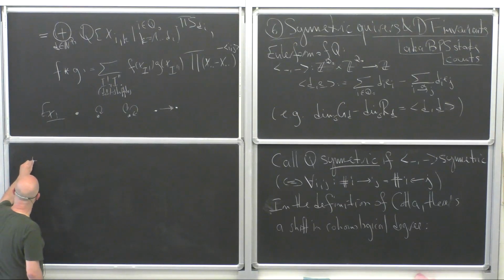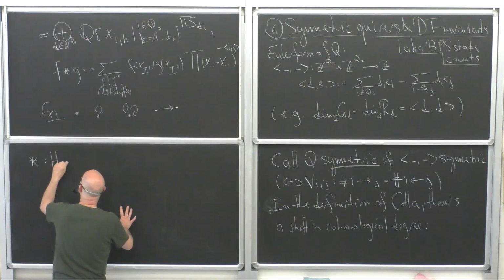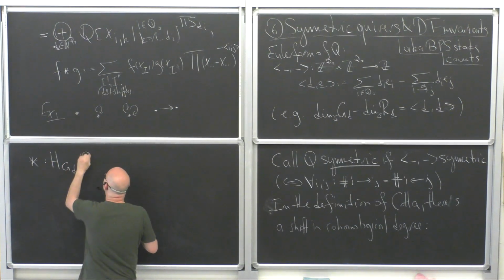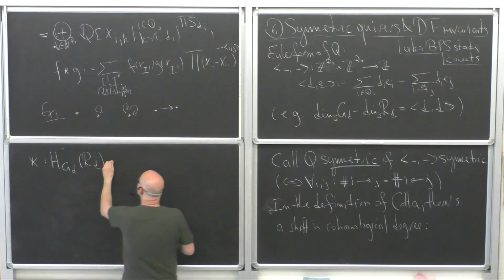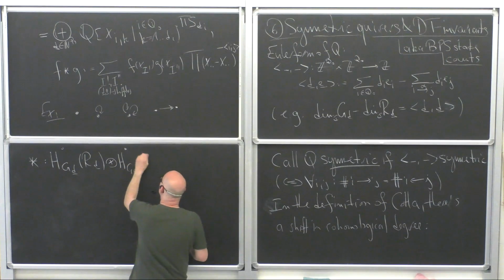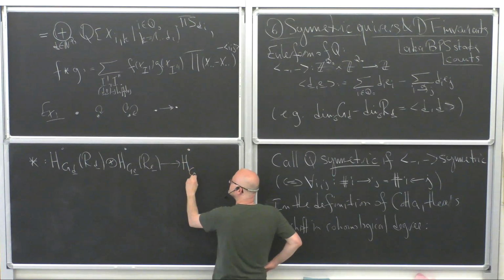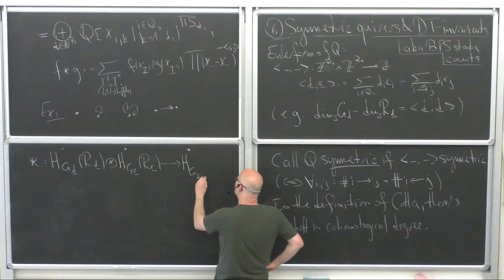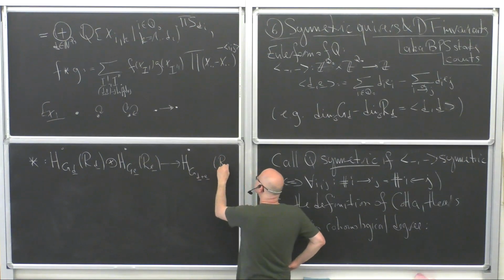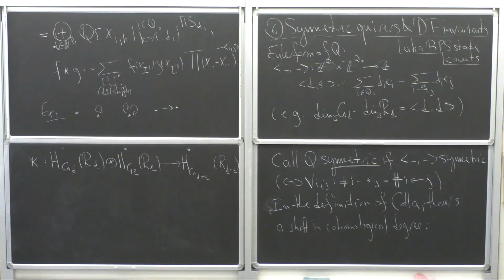Namely, we have defined this star product on equivariant cohomology. I will not write it down again, but I will just say where this map goes. We remember this was a map from G_d-equivariant cohomology of R_d times G_e-equivariant cohomology of R_e to G_{d+e}-equivariant cohomology of R_{d+e}, because the CoHA multiplication was always graded with respect to the dimension vector.